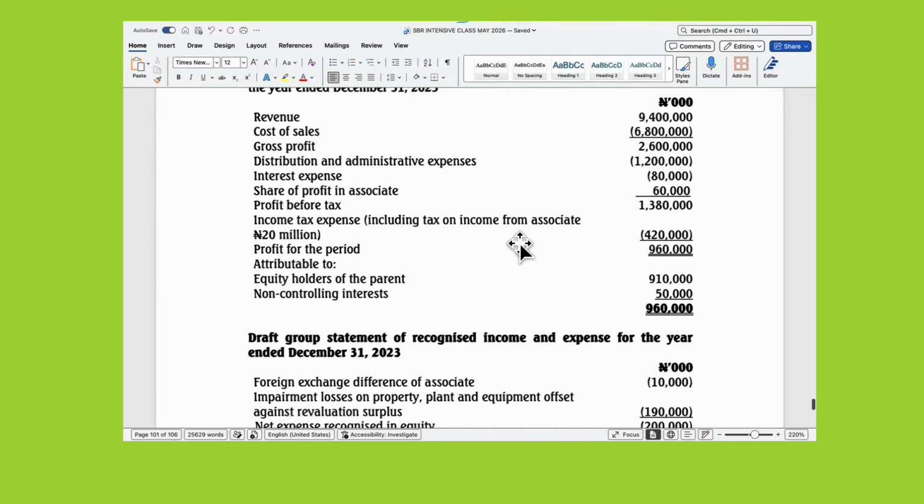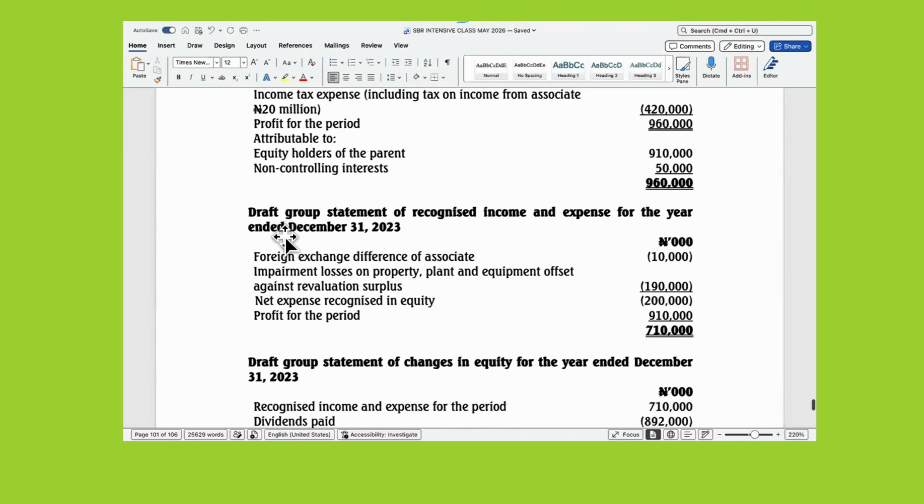If there is any share of profits, I can see share of profits in associates here. There's 60. You also have a share of tax, included in tax from associate, which is 20. He has a share of tax, so I'll take away 20. Also, he has a foreign exchange difference of 10 of associates. I'll take this away.